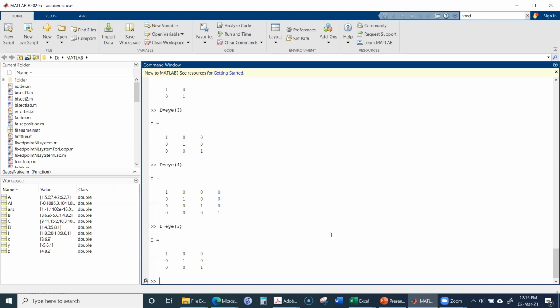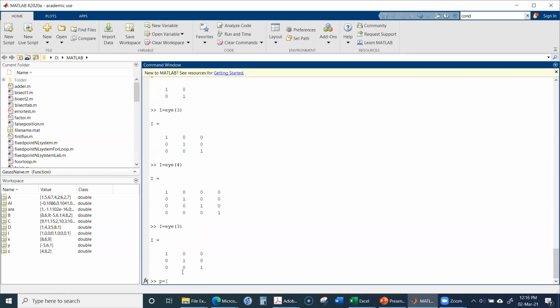For example, if I interchange the first and third row of this identity matrix, then what will I get? Let me define a matrix P, which is the same as the matrix I, in which I interchange the first and the third row.